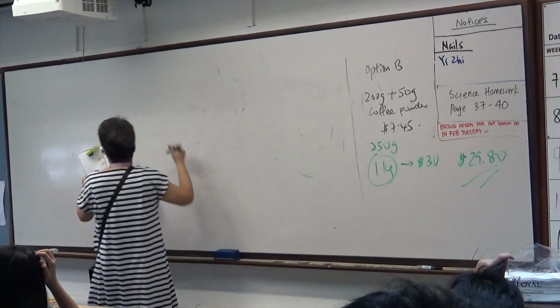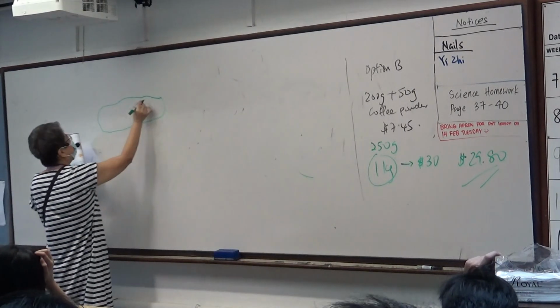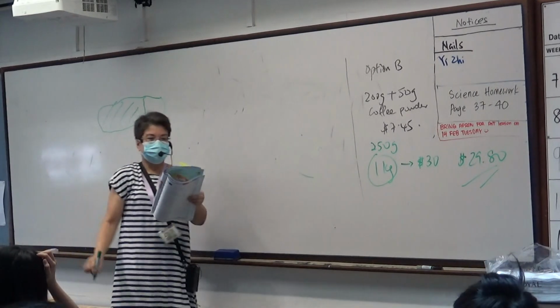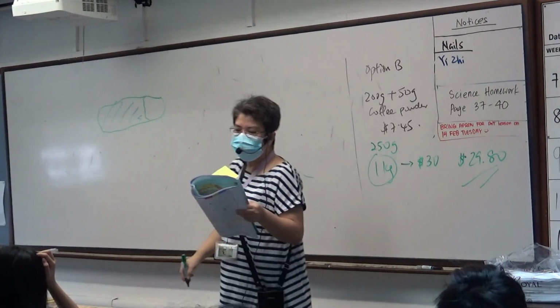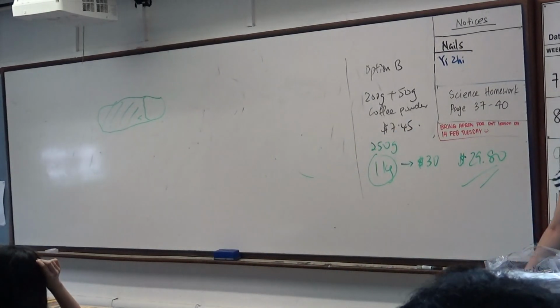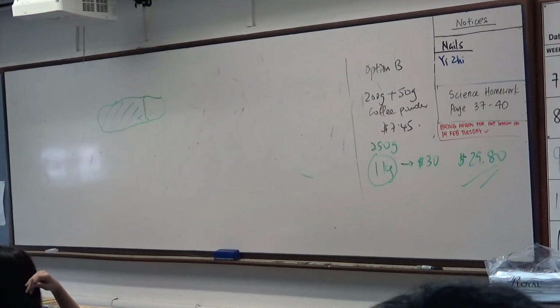Now, I have this funny shape here, and this part is shaded. Correct? The question asks, estimate the ratio of the area of the shaded region to that of the unshaded region in the figure below.